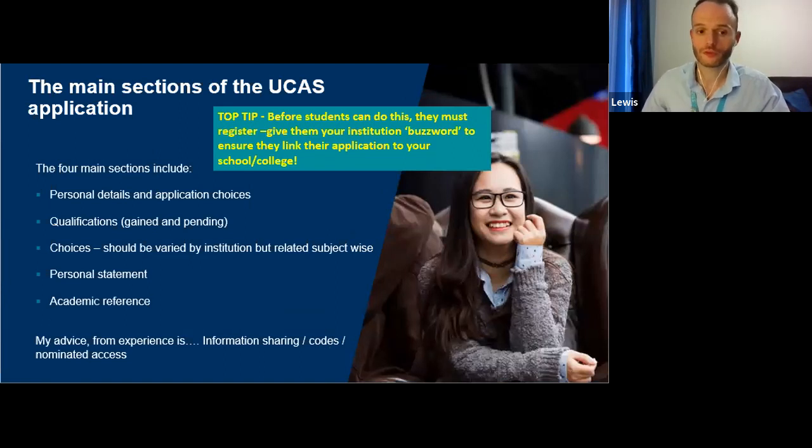Now, before students can access UCAS, they must first register. Simply pop onto the UCAS website and register on the 2021 apply screen. You can also pop that into Google and it'll just come straight up. So it's really simple.